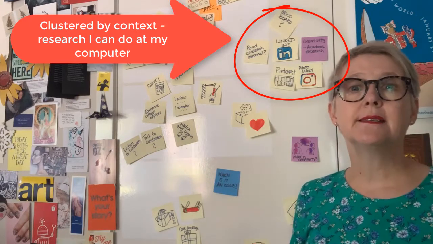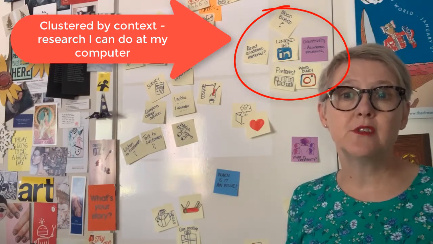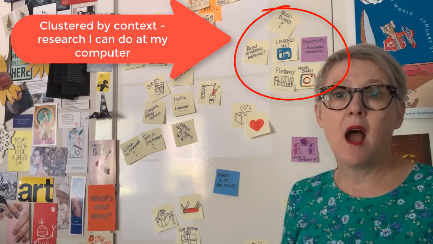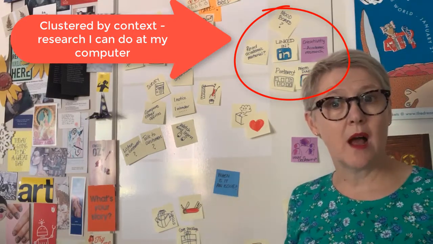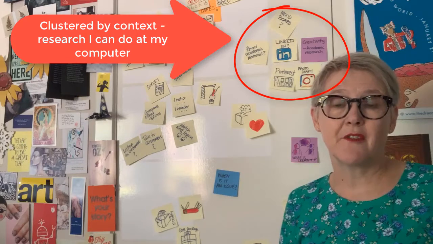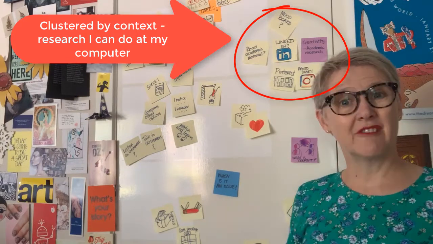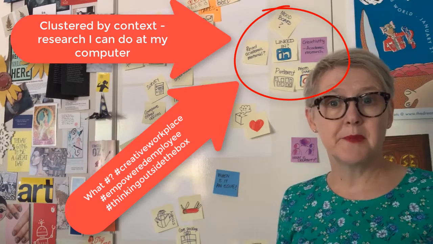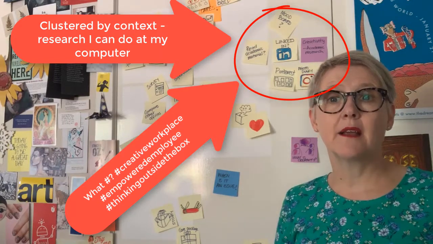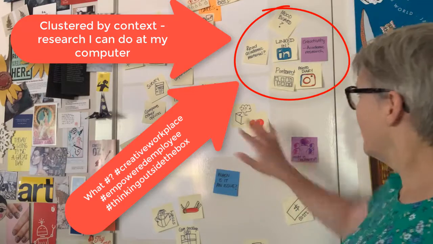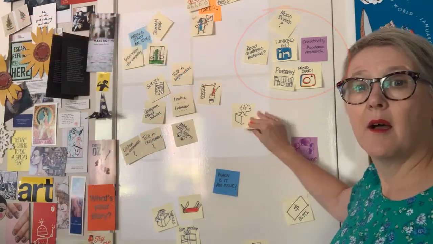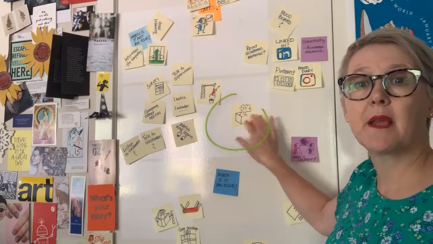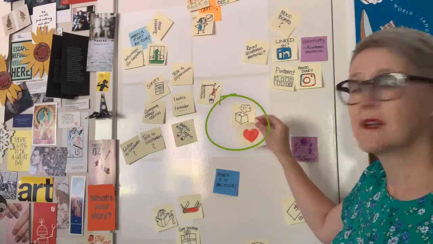I could look on LinkedIn, I can look on Pinterest or Instagram. I can find what other people are doing by searching some different hashtags around creativity, or whatever some keywords might be for my particular wicked problem. In this particular case, my problem is how we might get people to think outside the box a little more.